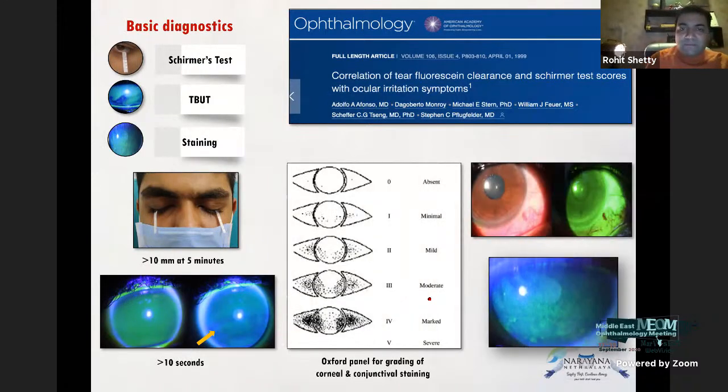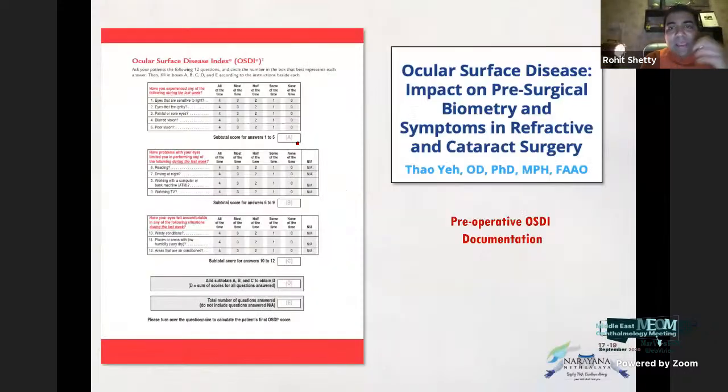I already mentioned, if your ocular surface is poor, if your tear break-up time is lower, then you can consider staining to see if there's any issue, especially in contact lens intolerant patients. And like I said, this is one of my gold standards, that especially we need to know how the impact on the ocular surface is. And this gives us a good insight into the patient's ocular surface.